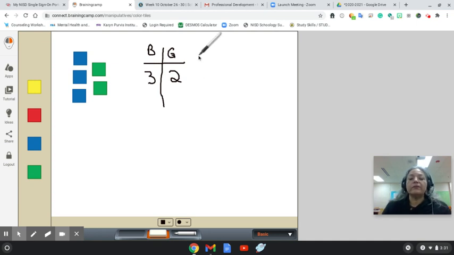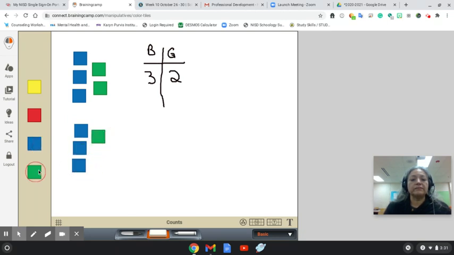Now, when we're working with ratios, you could also find equivalent ratios. So say, for instance, I add another group of 3 blue and 2 green. So now in this case, we have 3 to 2, but now we're going to count all the blue squares. So now you're going to have 6 blue compared to 4 green.